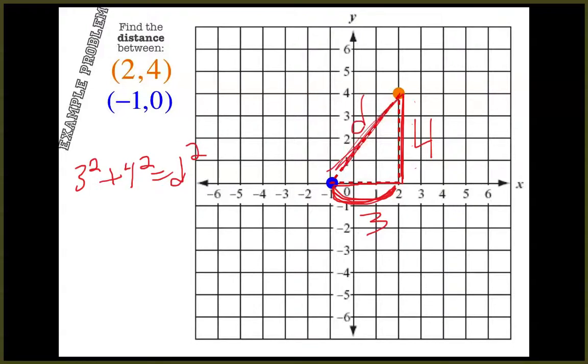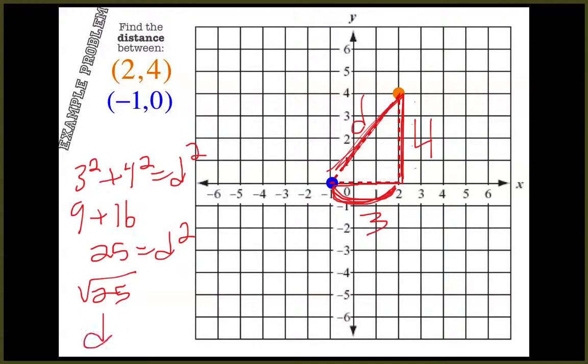Or you could put h for hypotenuse or whatever you want. Then I would just square the 3, square the 4, add them together, and we know what squared makes 25, but just to show you what we're doing here, we're going to unsquare the 25 and get the distance this time is exactly 5.